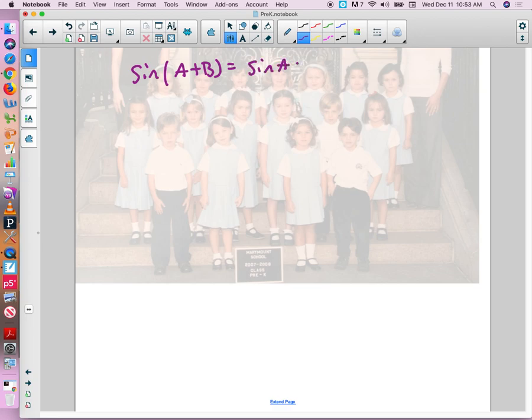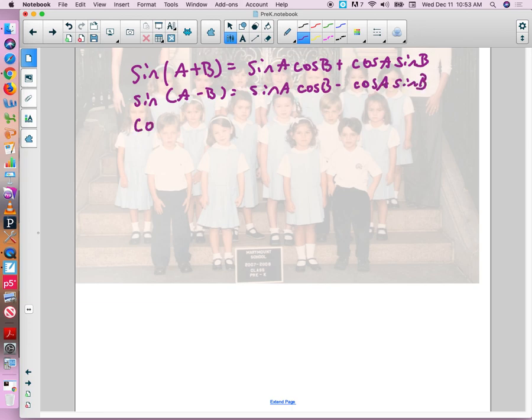Sine A plus B is sine A cosine B plus cosine A sine B. Sine A minus B is sine A cosine B minus cosine A sine B. Cosine A plus B. Do you remember how I said cosine's always kind of the odd man out?